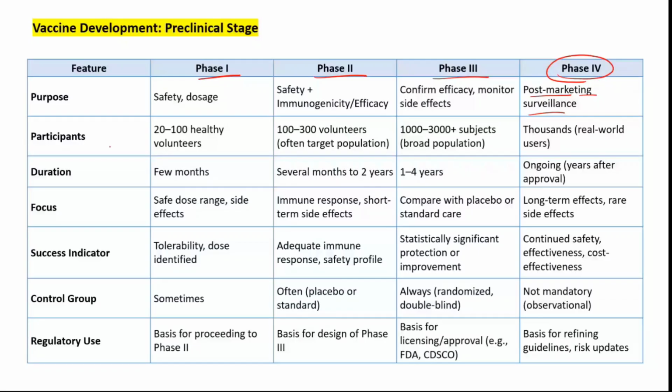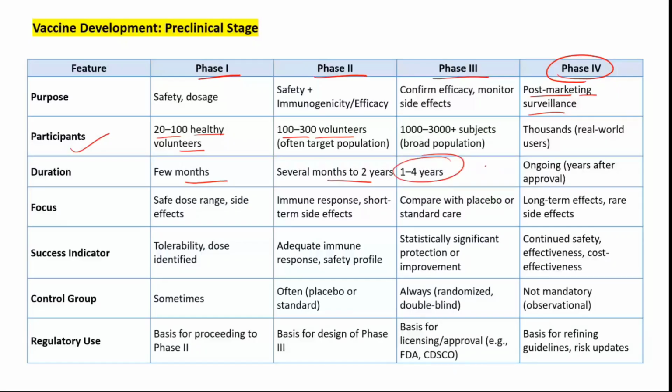Phase 1 has only 20 to 100 healthy volunteers, phase 2 has 100 to 300 up to 1000 also, and phase 3 has 1000 to 10K or 3000 plus, generally more than thousands. The duration may be a few months in phase 1, several months to 2 years in phase 2, and phase 3 trials are generally chronic.